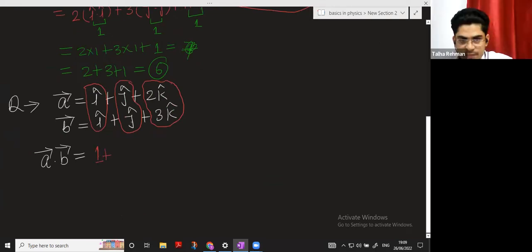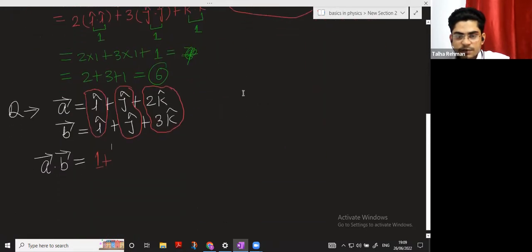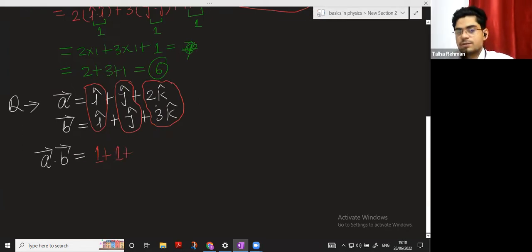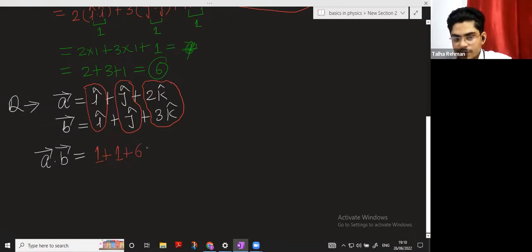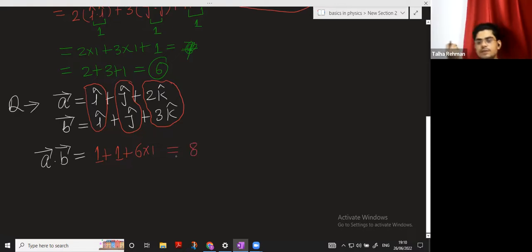If J is multiplied with J, the answer is 1. And what will be the answer of this? 2 times 3 is 6, K cap, and K multiplied with K is 1. Fine. So what is the answer now? 8. Very easy.